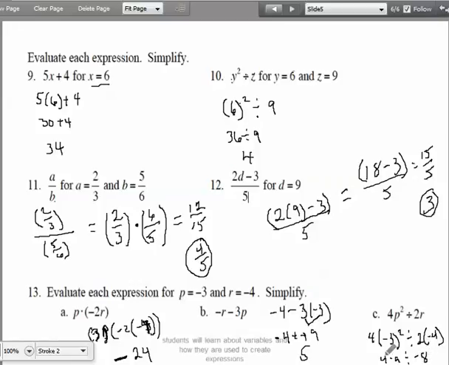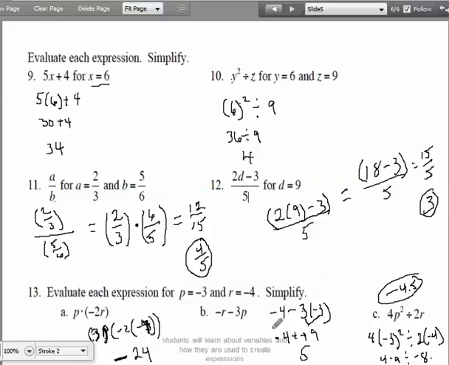Okay? So 4 times 9 is 36 divided by 8. 36 divided by 8 is going to be 4.5. So it's going to be a negative 4.5. Okay?